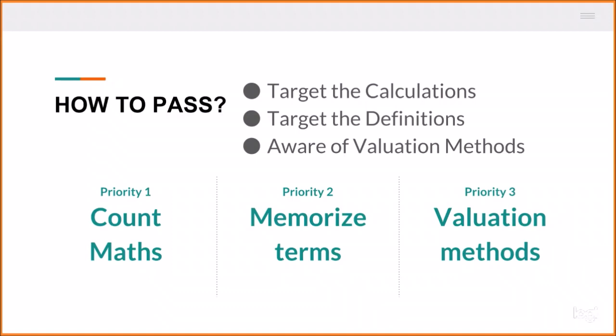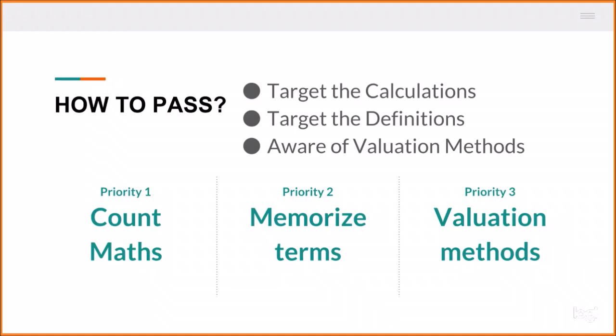So how to pass this paper? You have to target the calculations. This cannot be avoided. For this paper, out of the questions, there will definitely be one or two or three calculation based questions. Target the definition questions. These are short definitions that you can answer. Even for the whole question, you can answer 3 out of 5, it is good enough.